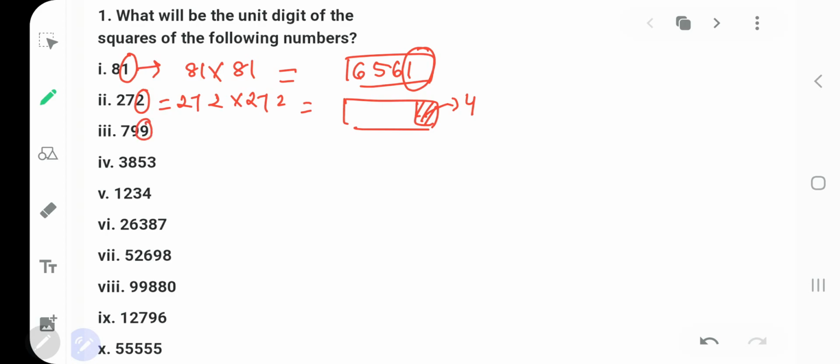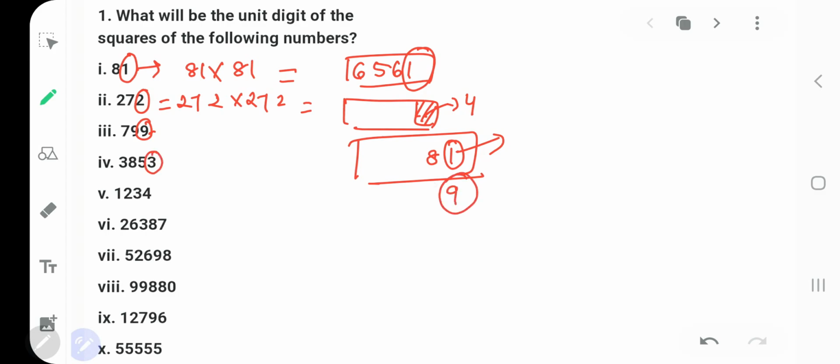For 9, you have to take the square of the last unit digit of your number. Now 9 squared is 81. So what will be the unit digit of your square? It will be 1. For 3, it will be 9.